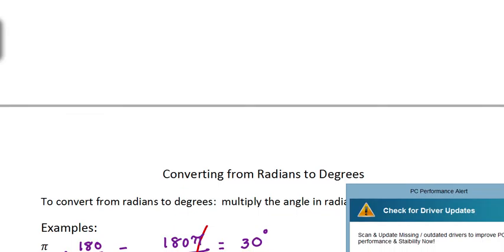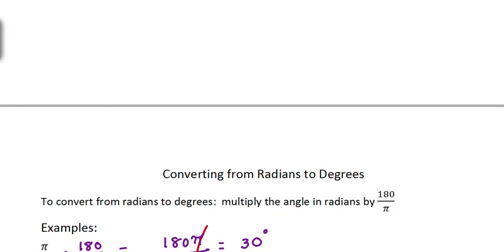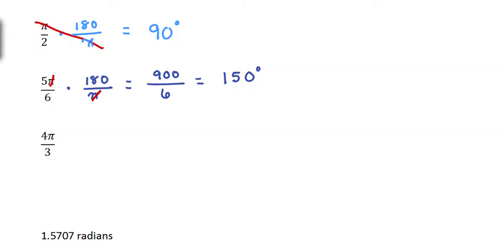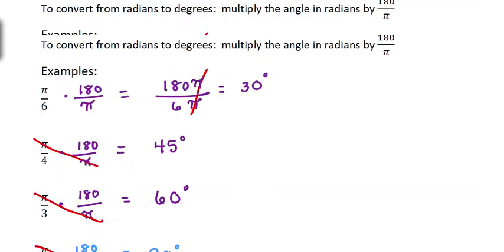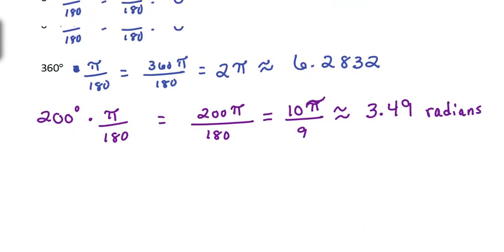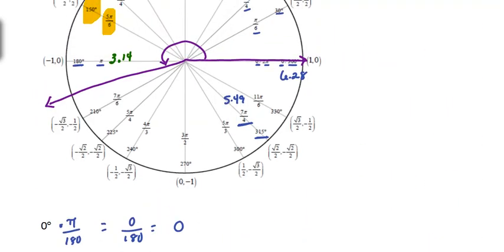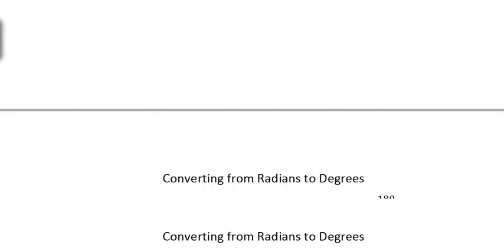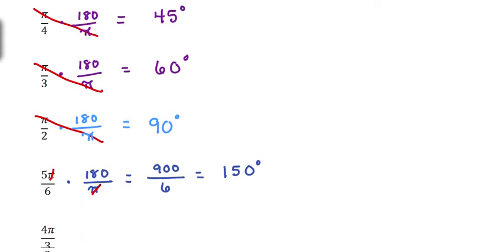Now this last one is 4 pi over 3. Let's cheat. Let's see what our answer should be to begin with. 4 pi over 3, down here in the third quadrant. Our answer better end up being 240 degrees. Let's make sure that we can get 240 degrees.